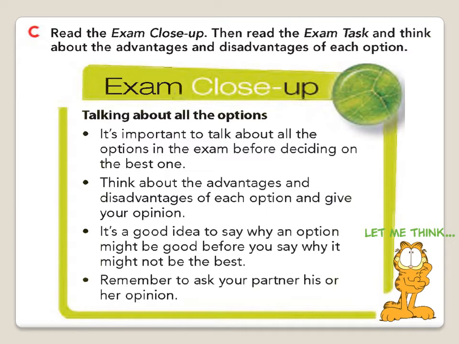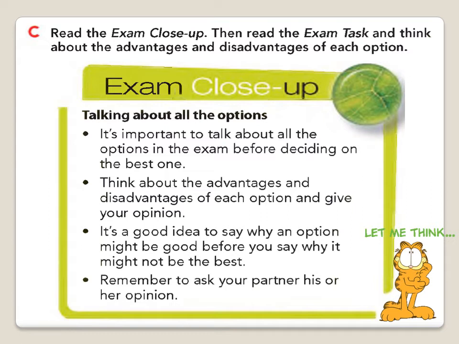Next, you think about the advantages and disadvantages of each option and give your opinion. It means you have 7 options and you need to tell at least 2 advantages and 2 disadvantages of each option.